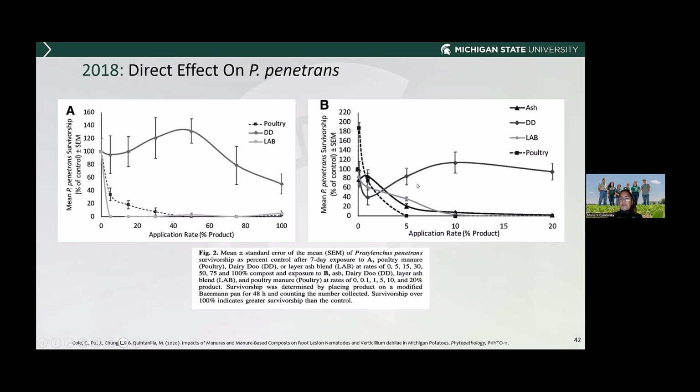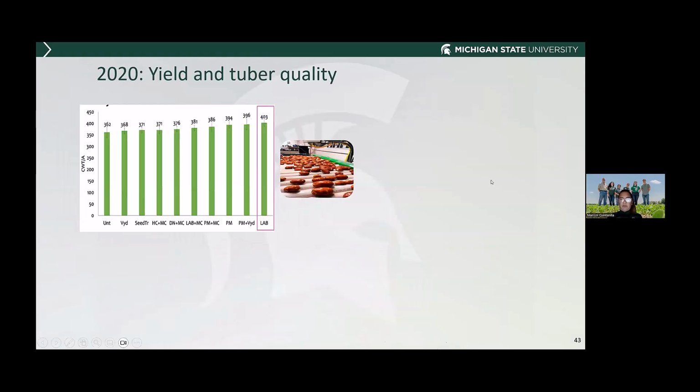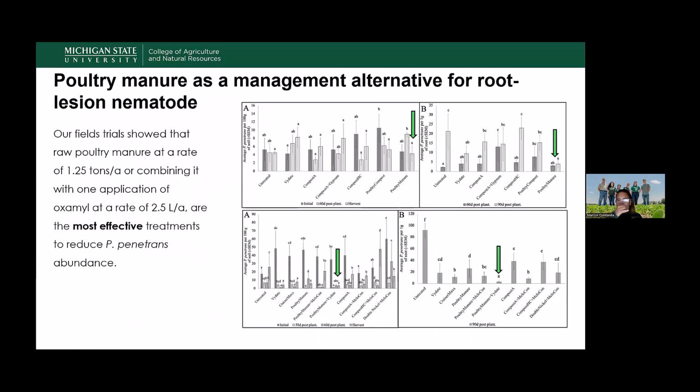We also did a similar experiment with lower concentrations, like 0.1% and 1%, and we found similar results. The poultry manure and the layer ash blend were the most effective in reducing root lesion nematode. And layer ash blend also improves yield. Okay, we don't have so much time.